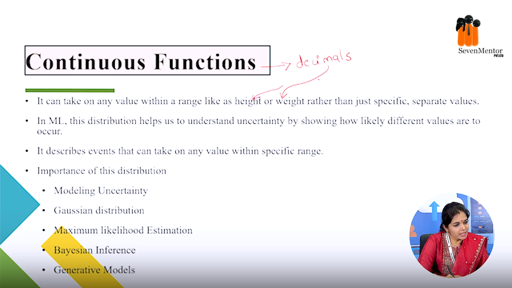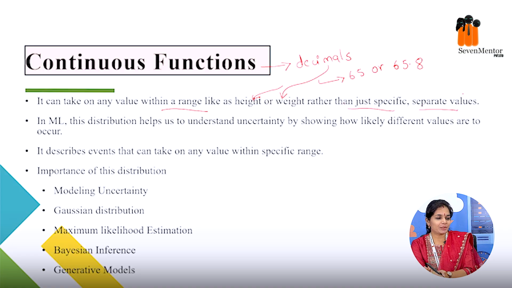These can be in decimal, either 65 or 65.8, whatever. So it gives a value within a range rather than specific separate values. Within a range means decimal values, and separate values means discrete values.